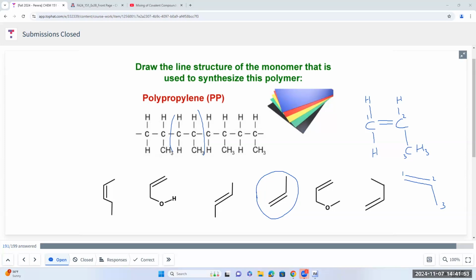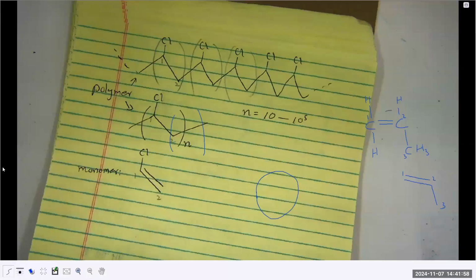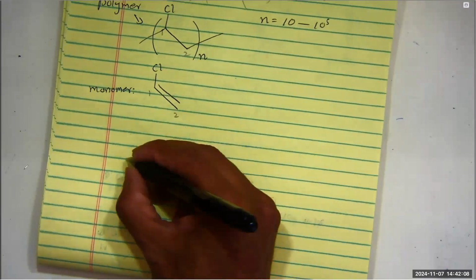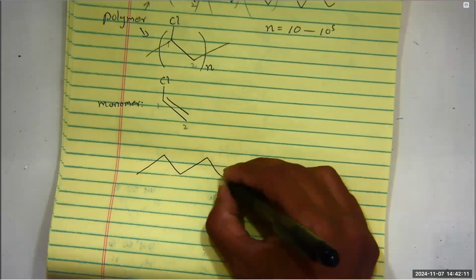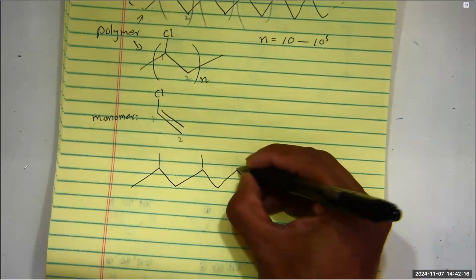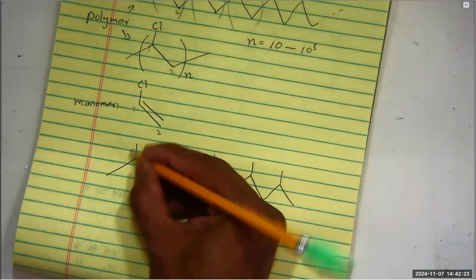Another way to do this is, I saw some of you did this, so I'm going to show what you did. Let me get rid of my doodling first. You started by converting the Lewis structure given to you to a line structure. So you drew the line structure of the polymer, with CH3 groups sticking out from every other carbon. You see that any two carbon atoms are repeated over and over.